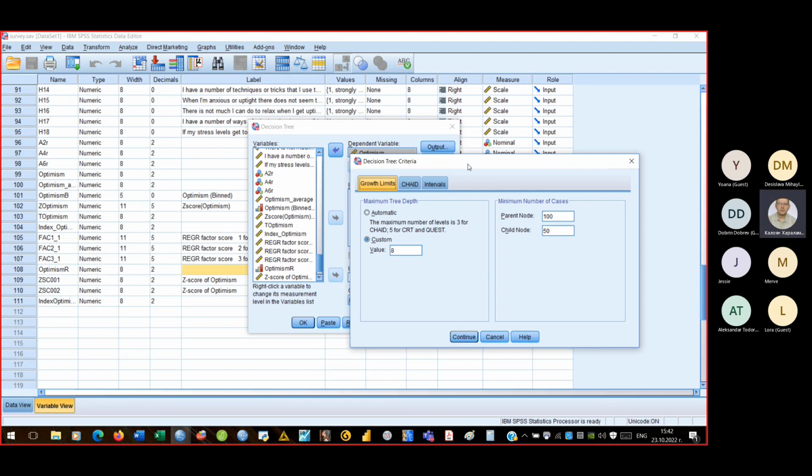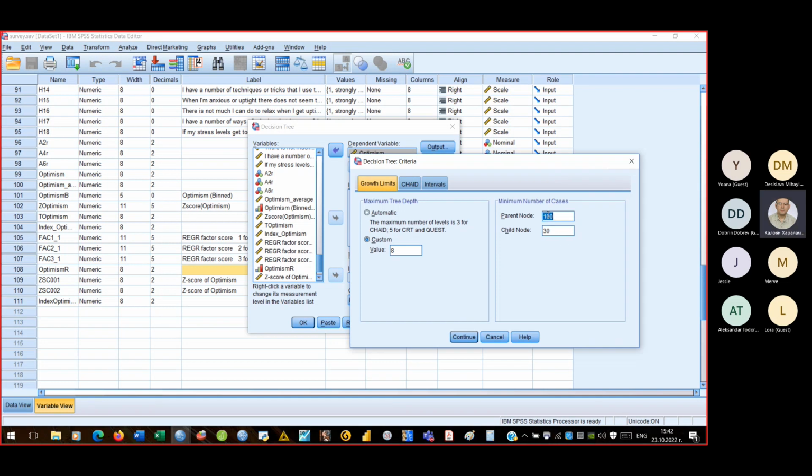But if we estimate means, average means, the minimum sample size is 30. So here, in minimum number of cases, in so-called child node, I will change and write 30.